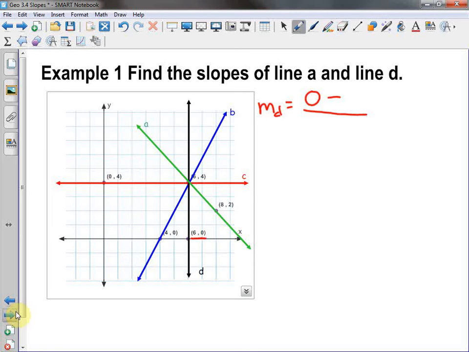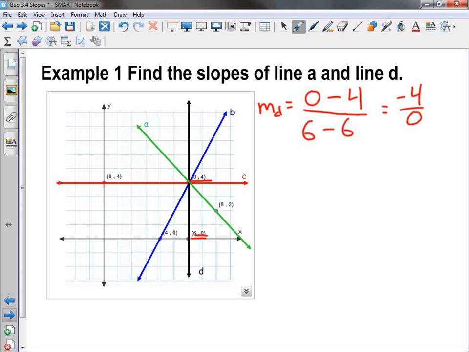Cook screwed me up. I'm blaming it on her. There we go. 0 minus 4, right? Because we have y and then y. On the bottom, we have to pick the 6 with the 0 because those were first, right? So I'm going to have 6 minus 6. That's going to give me negative 4 over 0.